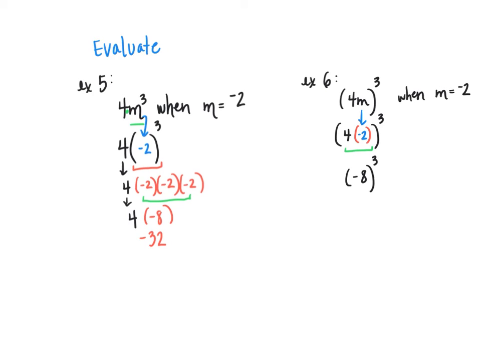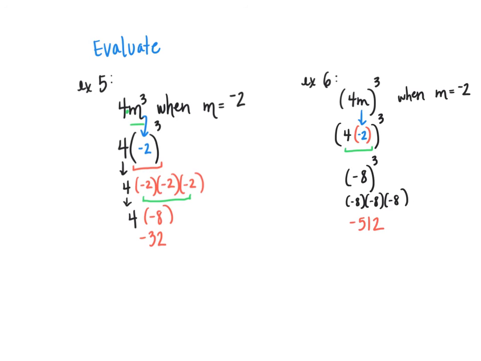Now that I've dealt with my parentheses, now I can move to my exponents. And so this means -8 times -8 times -8, which is -512. You can also check these on your calculator.